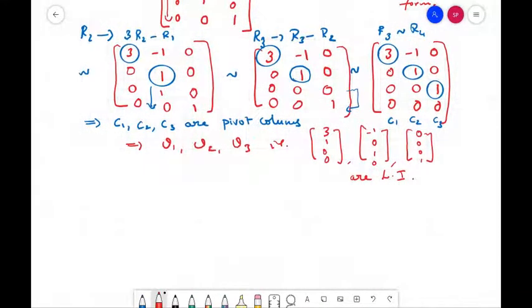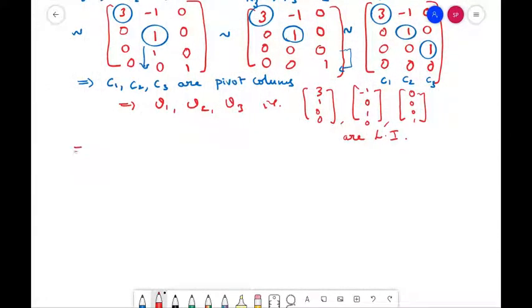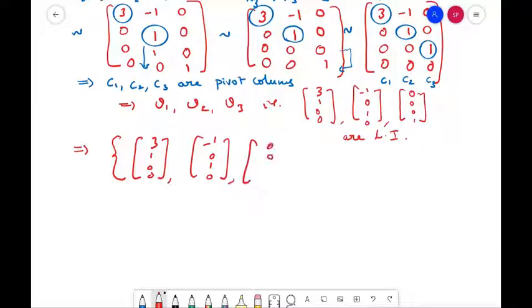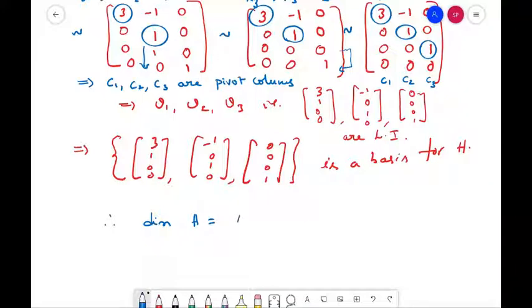If they are linearly independent, it implies the set containing (3, 1, 0, 0), (minus 1, 0, 1, 0), (0, 0, 0, 1) is a basis for H. And what will be the dimension then? Therefore, the dimension of H is equal to the number of vectors in the basis, that is equal to 3.